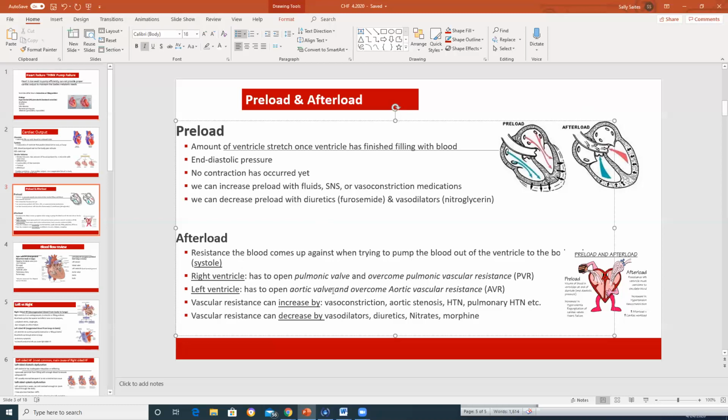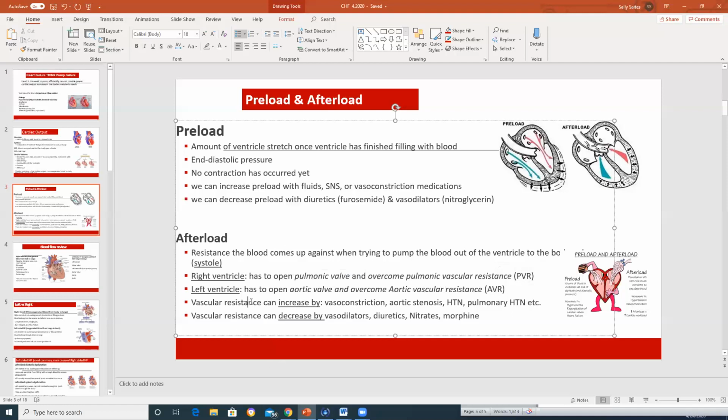It has to go through the aortic valve and it has to overcome the aortic vascular resistance, the AVR. And if the left ventricle is not strong enough to go up against that resistance of the aorta, then the blood will not properly go through to the body, decreasing cardiac output, and there will be some blood left over in this left ventricle.